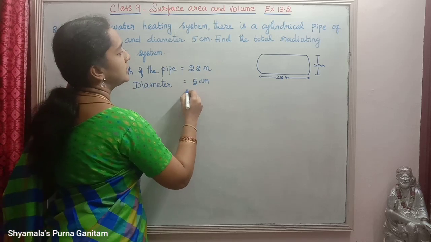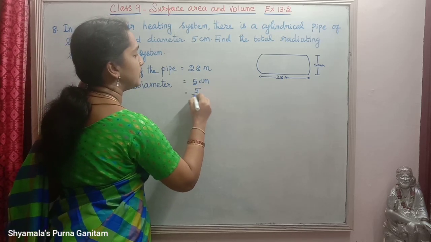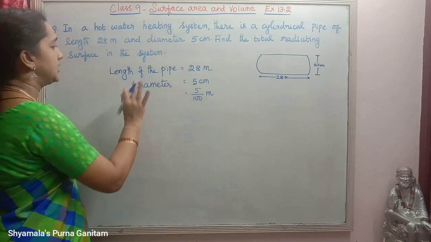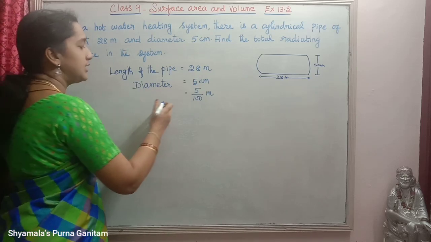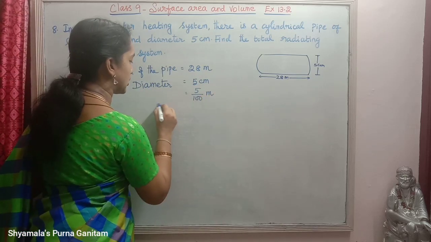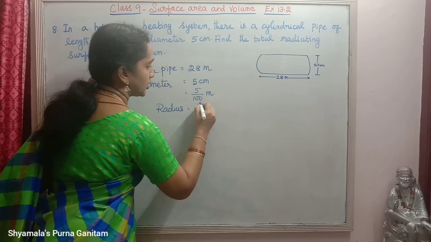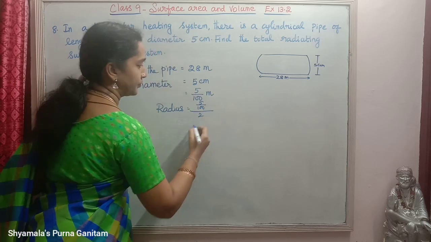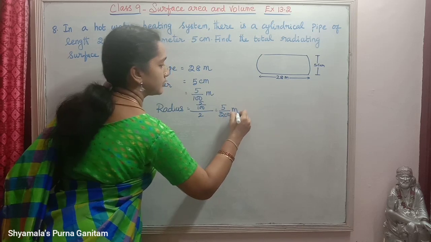Converting centimeter to meter, it will be 5 by 100 meter. Now this is only for the diameter, so we have to do this for the radius also. The radius will be half of the diameter, so 5 by 100 by 2, which is equal to 5 by 200 meter.